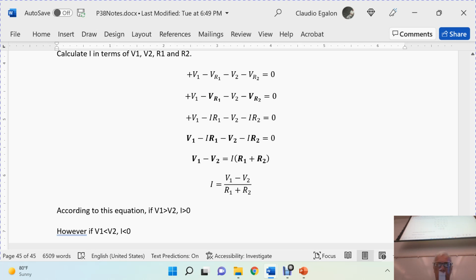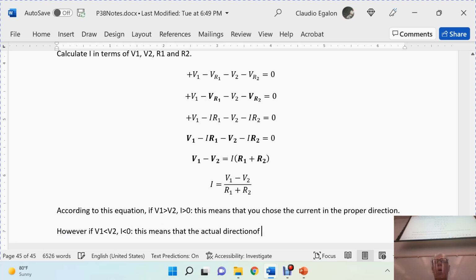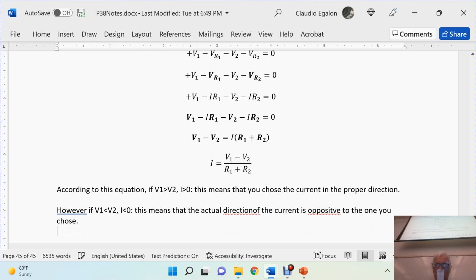Okay, so let's write that down. I greater than 0 means that you chose the current in the proper direction. However, if I is less than 0, this means that the actual direction of the current is opposite to the one you chose.